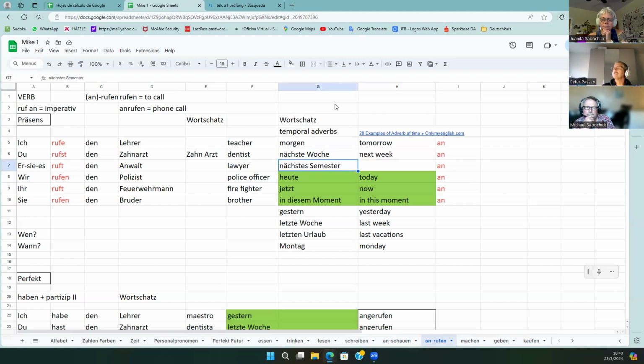Or we could also do it next semester. Now, if you're in a hurry, you do it heute. If you're in a real hurry, you do it jetzt. And when your wife is looking at you, you do it in diesem Moment. Because jetzt could mean any time from now, the next 10 minutes.